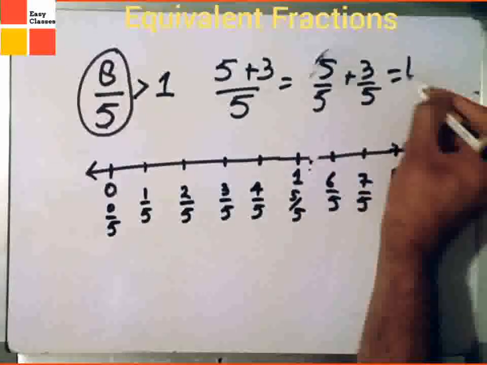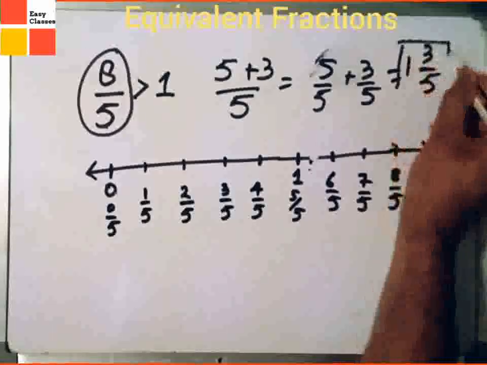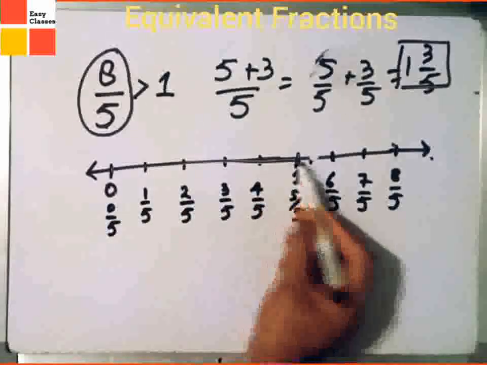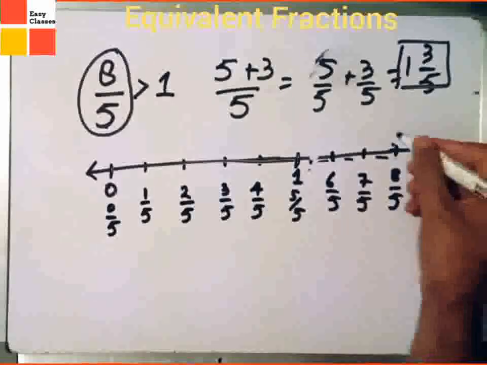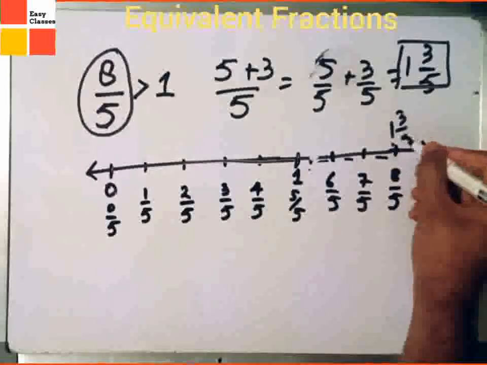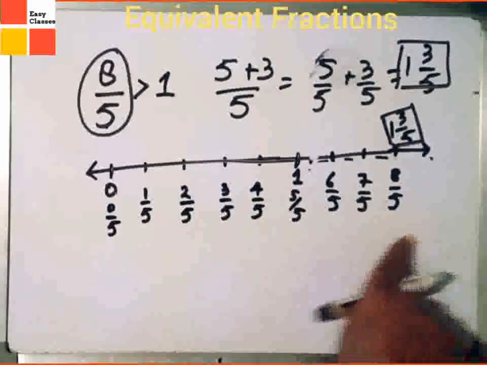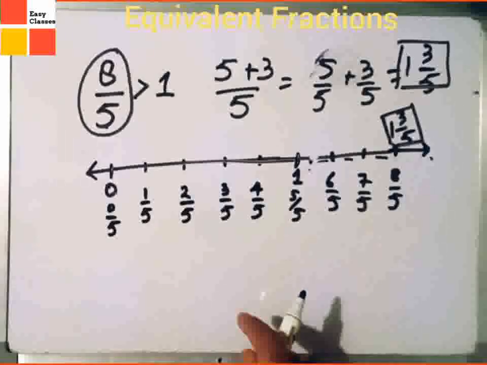So that is called 1 whole plus 3 by 5. This is its mixed form. 1 whole, see here, 1 whole and 3 by 5. 1, 2 and 3. So this means 1 whole and 3 by 5, right? So this is how we can represent an improper fraction on a number line.